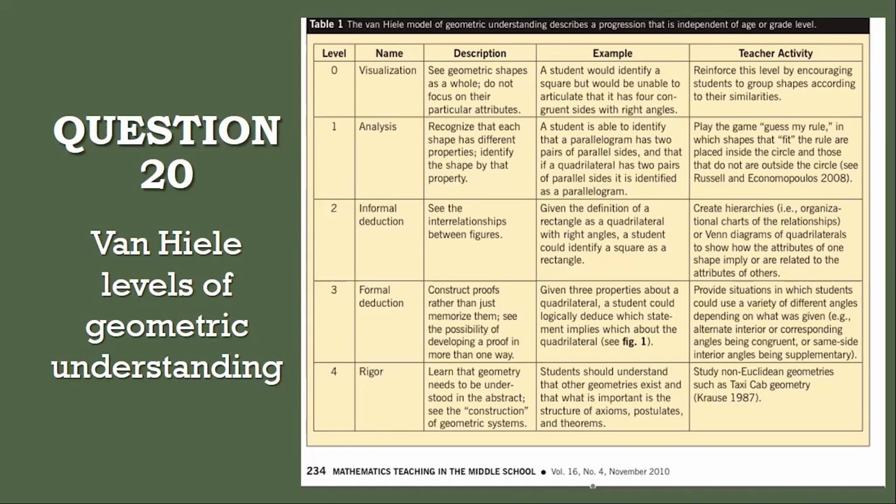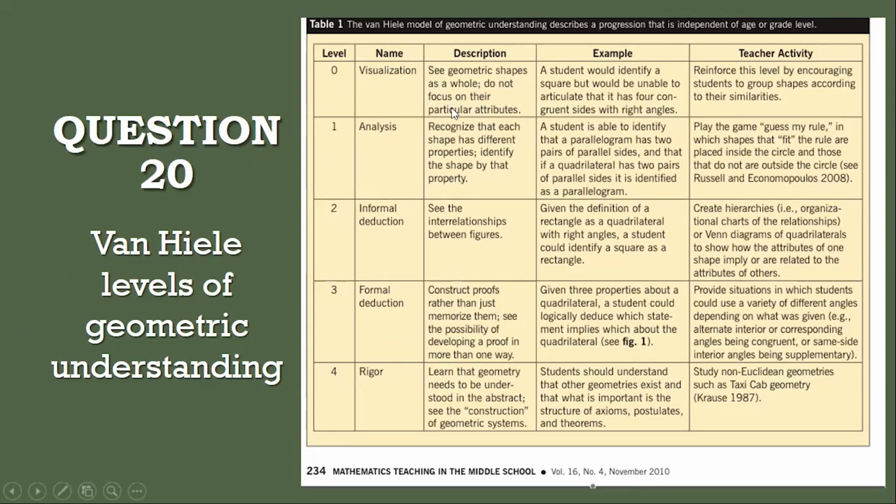And I've just put this description here so that you can read the level. There are the level numbers, and here is visualization, analysis, informal deduction, and so on. And there's the description. So you can focus on this column, the description. What did that learner do?